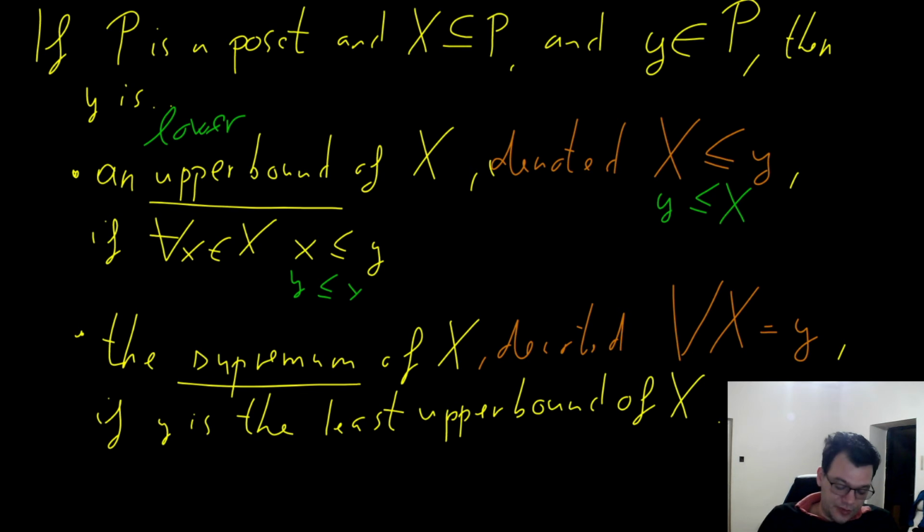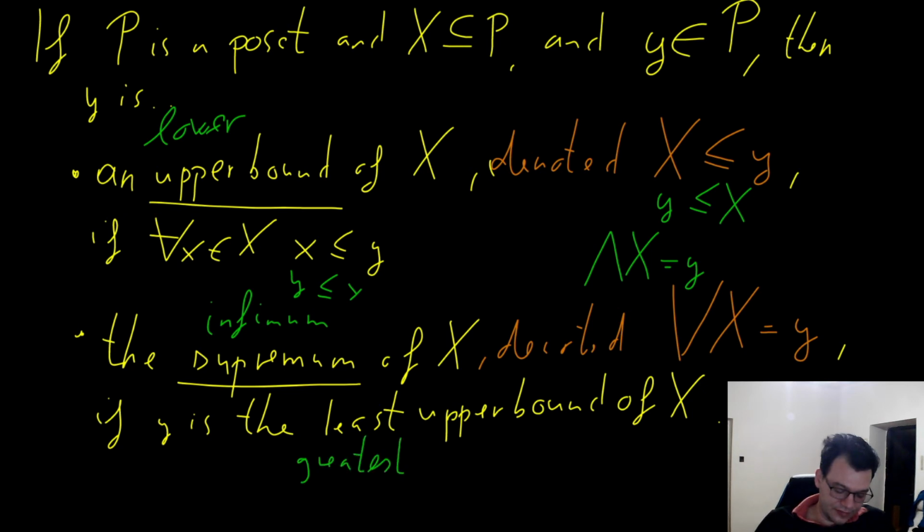And instead of the supremum we have the infimum. I'm almost sure that you heard this term in the setting of real analysis. And the infimum is denoted by the wedge of x, it is y, if this is the greatest lower bound of x. So it's again just the dual notion.